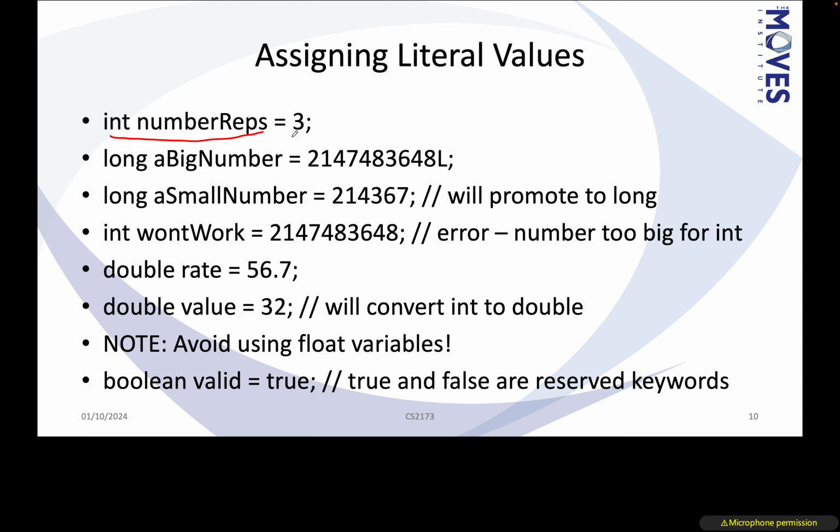Okay, that's one thing. And I can do just that one thing separately. This says for an already defined variable called number reps, I will now give it the number 3. Okay, so there are two things going on here. One is I've declared the variable, and then the other is that I've assigned the variable.